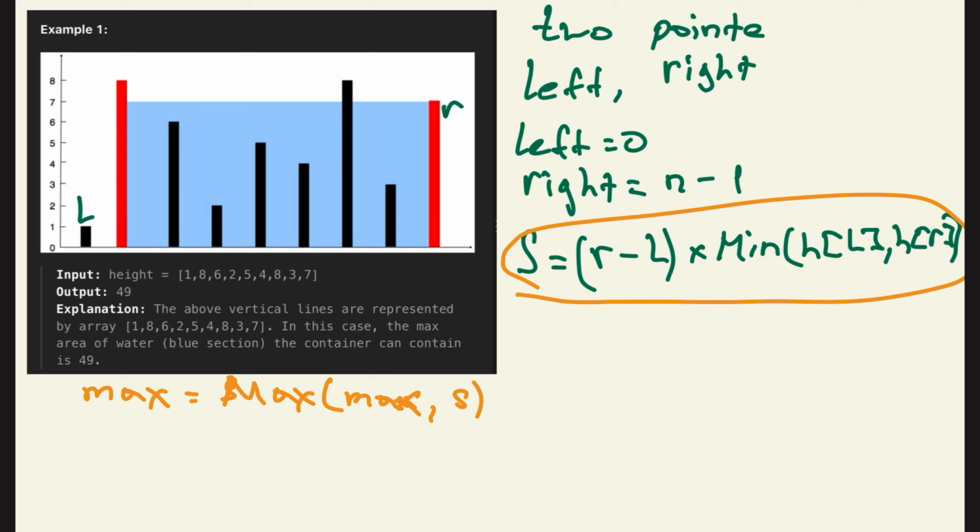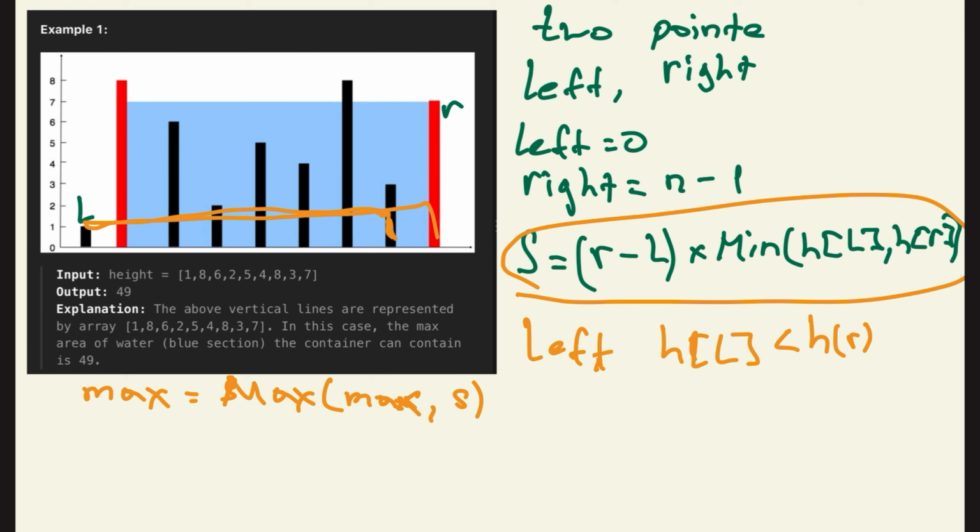Then we move left and right. We move left when the height of left is less than the height of right, because there is no need to calculate like this one, as it will be smaller than this one in any way.